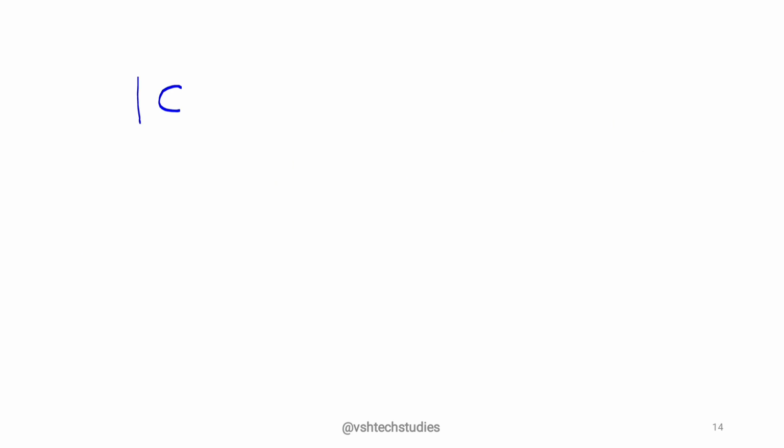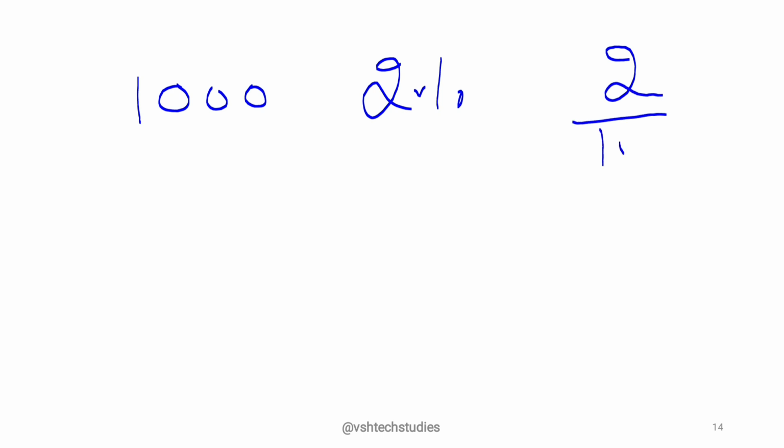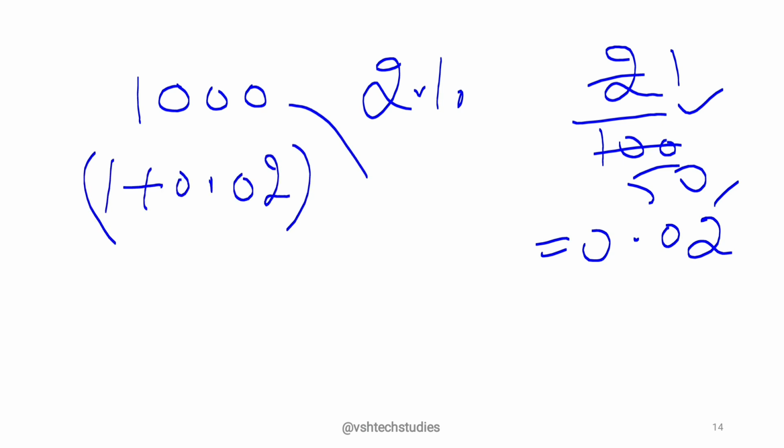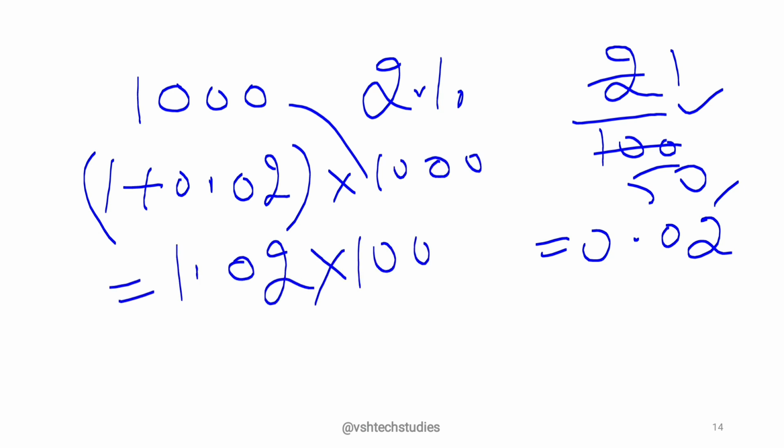Similarly, if 1000 is incremented by 2%, we have to observe very carefully, because 2% means 2 upon 100, which is 1 by 50, that is 0.02. Now we add that to the original value, giving 1.02 into 1000.